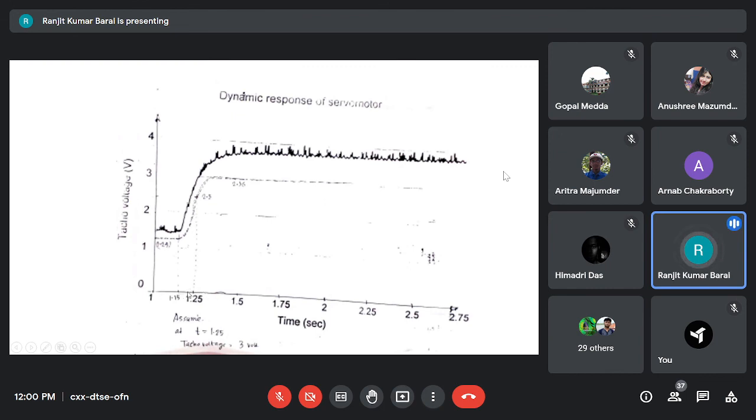From the comparison of the input and the output, I can calculate the gain, taking the ratio of the input and output signal. So I have the gain and the value of the time constant. I can write down the transfer function of the servo motor, approximated as first order, using this data. So this experiment will also help us to determine the model or transfer function of the system.